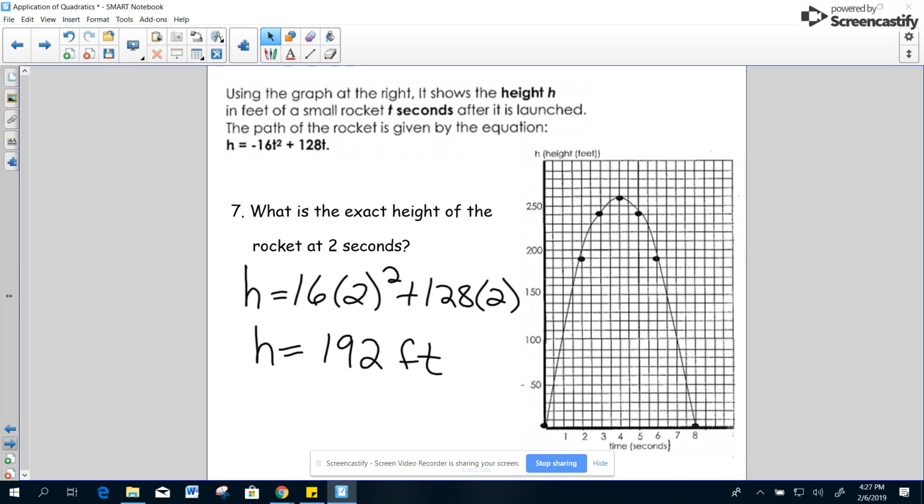Doing so allows us to square first, so 16 times 4 plus 128 times 2. Our rocket has a height of 192 feet exactly at 2 seconds of travel.